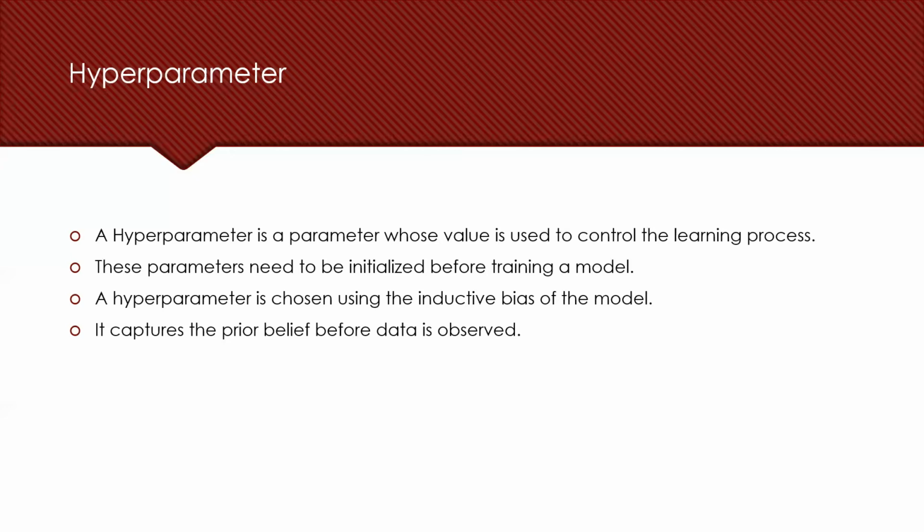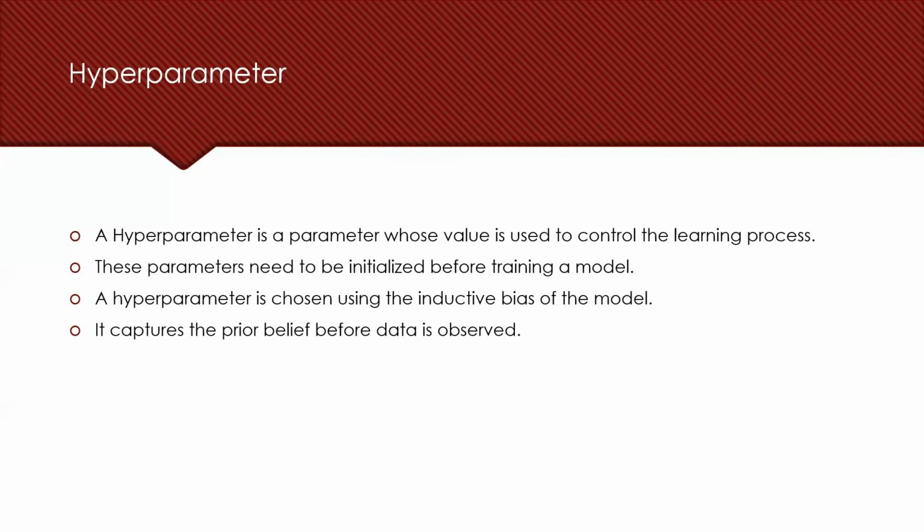So hyperparameters try to capture the picture of the model before running the algorithm itself, if we initialize these values before starting the model. A hyperparameter is chosen using the inductive bias of the model, and it captures the prior belief before data is observed.